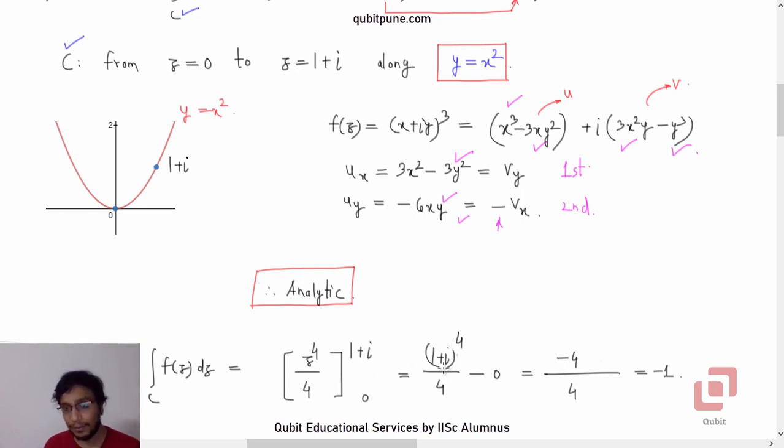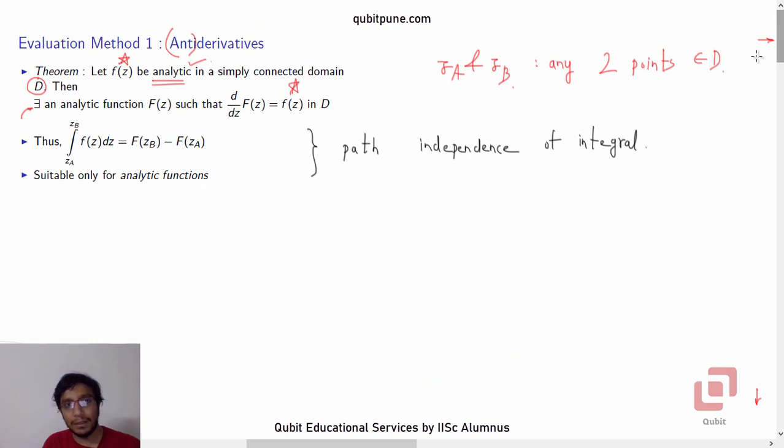Your calculator is capable of finding it, so no need to expand (a plus b) raised to 4. If you do it, (1 plus i) raised to 4 will turn out to be minus 4, divided by this 4, so the integral's value is negative 1. So this is evaluation method 1 using antiderivatives, only applicable for analytic functions.